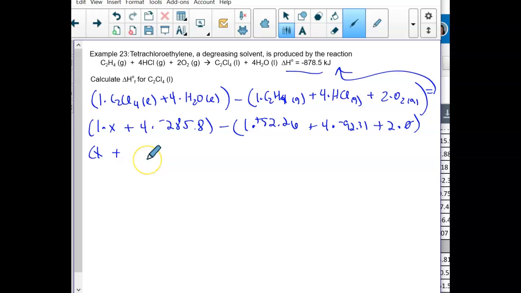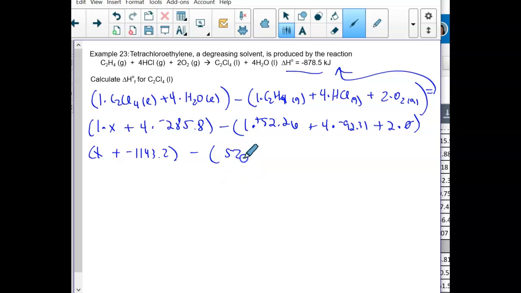So 4 times negative 285.8, and you don't have to show all this. You need to show me this part, and then I don't really care how much of the rest of the math you show. But I'm going to go through it so you can see the math. 1 times X is X. We got negative 1143.2 there, minus, and then I'm going to figure out what these two pieces are.